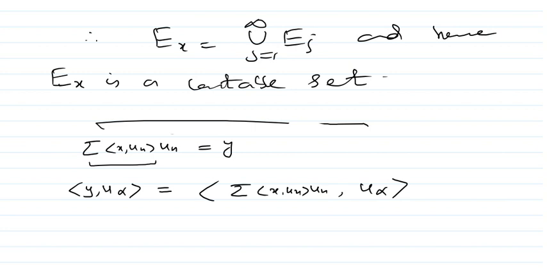The scalars come out of the sum. Only the alpha term will remain, the rest are equal to 0 because it is an orthonormal set. So it is the same as the inner product of x with u alpha.